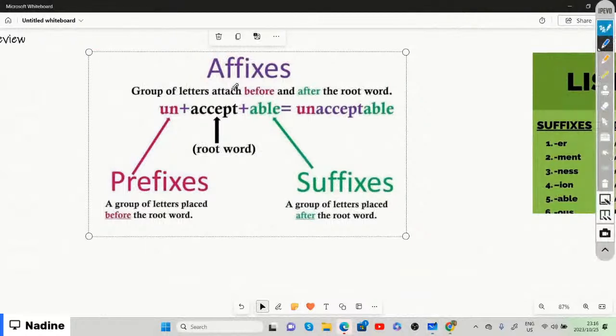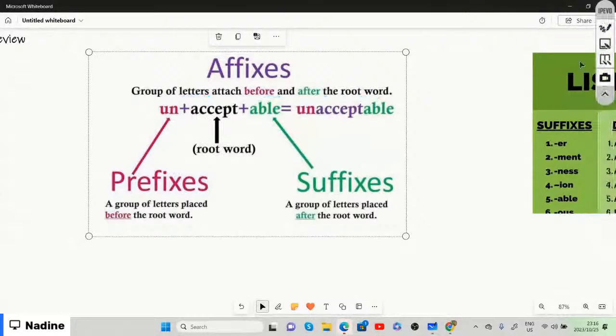So it is a group of letters which is attached before and after the root word, like the example I made of pay. Able as well as ment was added at the end, or let's say it was added after the root word, right?